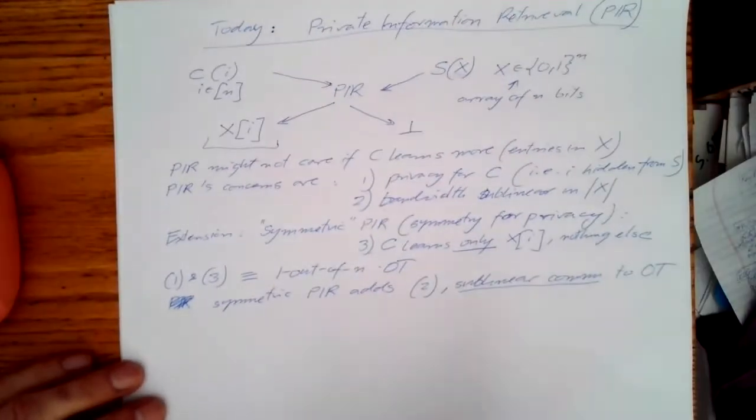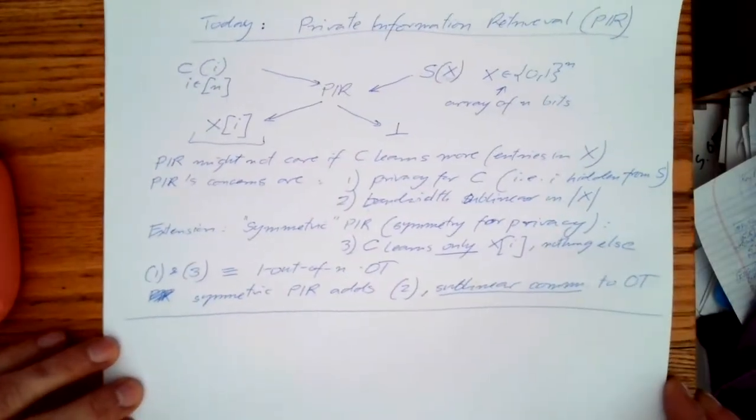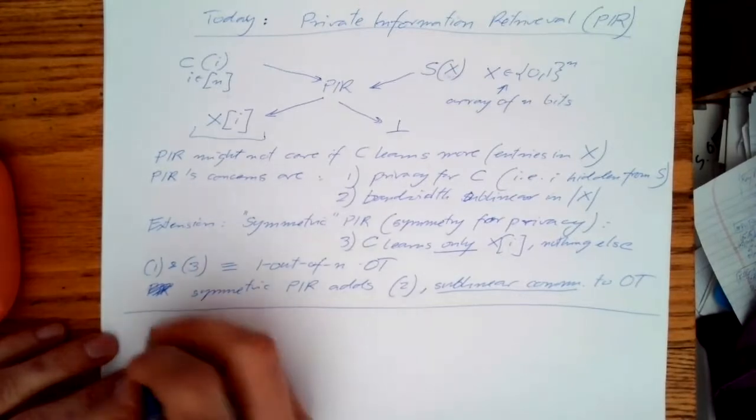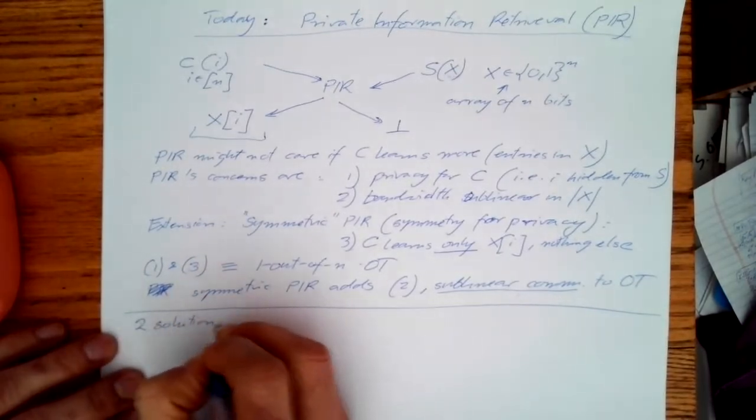There are two basic flavors of solutions that were given to the PIR problem.